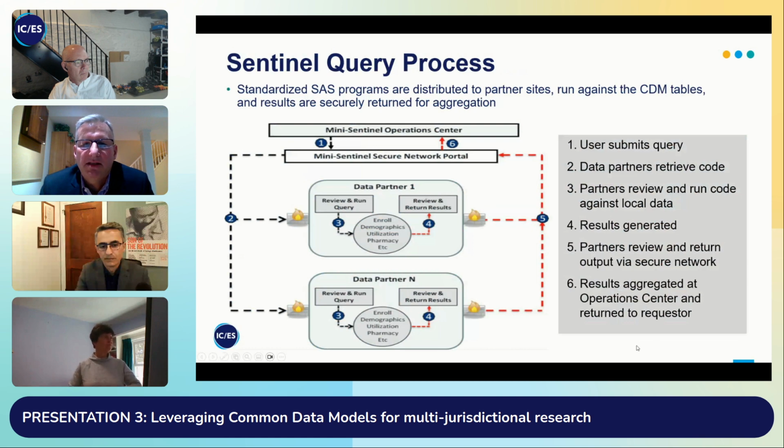So this is an image that depicts the FDA Sentinel query process that we've attempted to emulate in CNODES. In the first stage, the FDA query submitter would meet with members of the Sentinel Operations Center to essentially populate the SAS program for the query that's of interest.